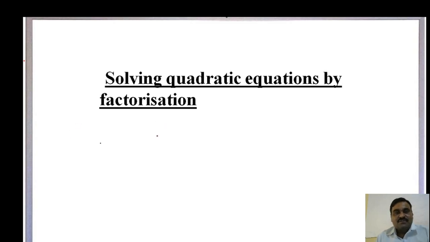The general format of a quadratic equation is ax square plus bx plus c is equal to 0. But when the questions are given to solve the quadratic equation, they will not be in this standard format.